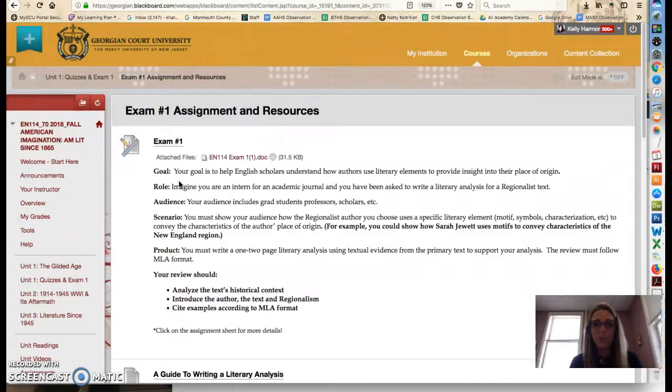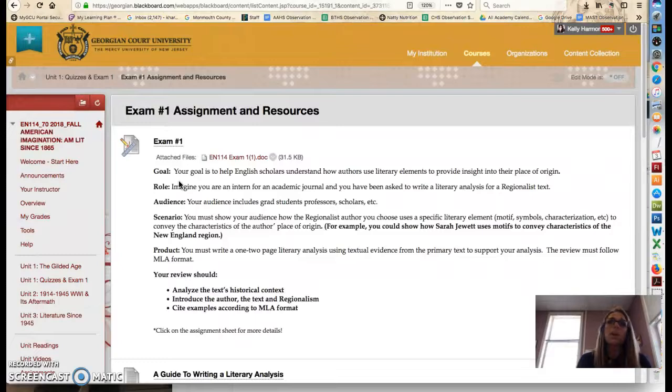So, for example, Sarah Jewett was from the New England region, right? So, you could definitely write a paper talking about any symbols, any use of setting to convey the characteristics of that New England region. You are only writing a 1 to 2 page literary analysis.